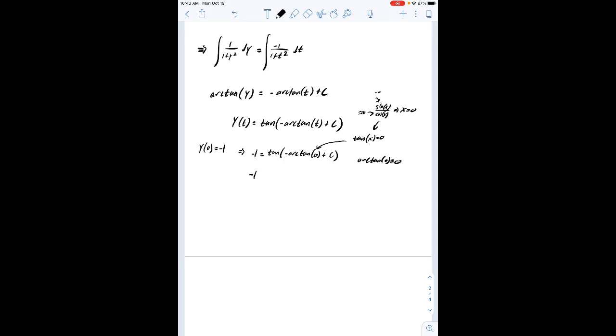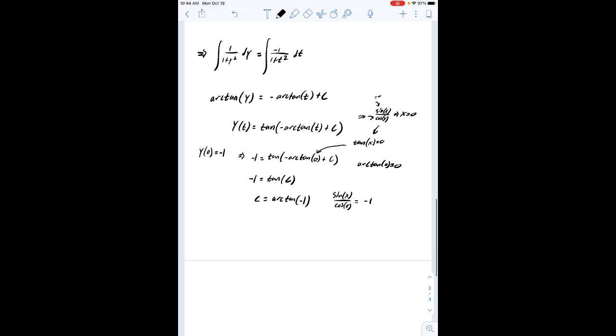So let's get rid of that. So we have -1 equals tangent of my constant c. So now I have that my constant c is equal to arctan of -1. So now we ask, when is sine of x all over cosine of x equal to -1?